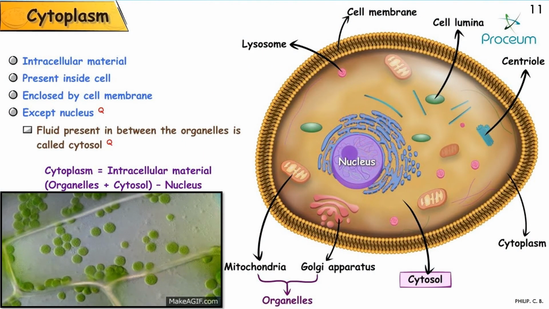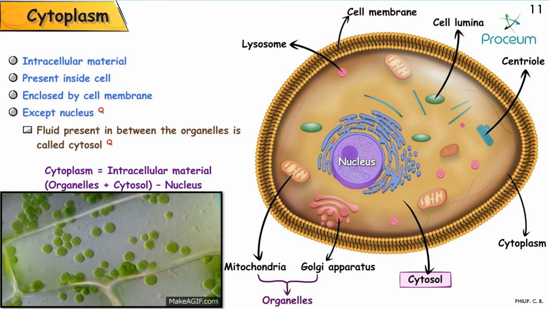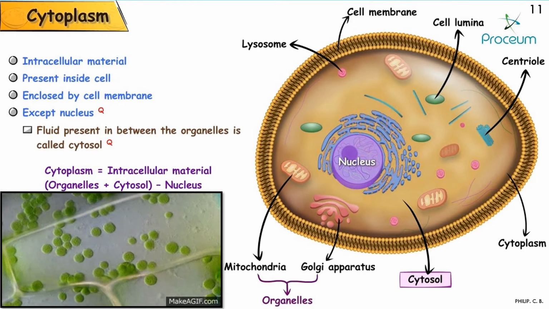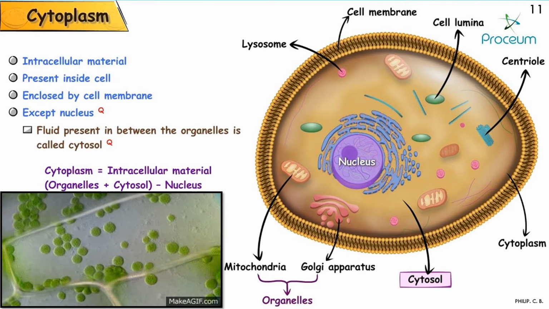Now here you can see cytoplasm, the entire image of the inside of this cell. Towards the right side you can see the lysosome, cell membrane, cell lamina, the centriole, and the cytoplasm, which we can say is the swimming pool where all the organelles are present: cytosol, Golgi apparatus, mitochondria.